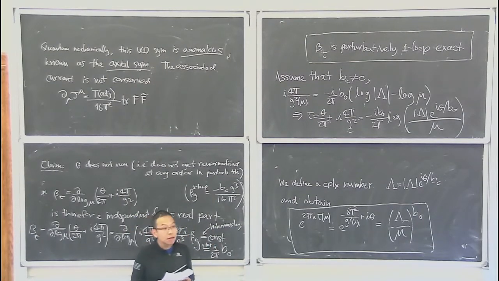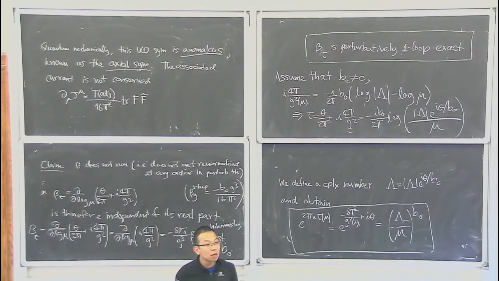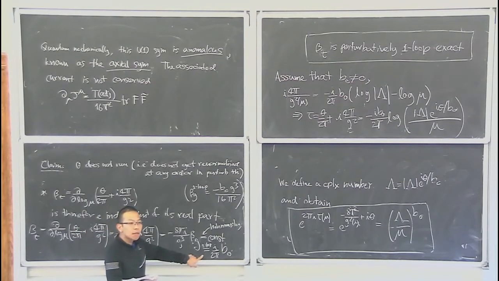Okay, now. From holomorphy, you can claim that the beta function is g cubed exact, right? Not necessarily one loop. Yeah, here you said one loop exact, but I think what you can actually say is that this is g cubed exact. Yes, but that is one loop in this case.